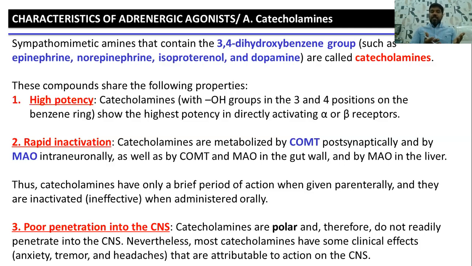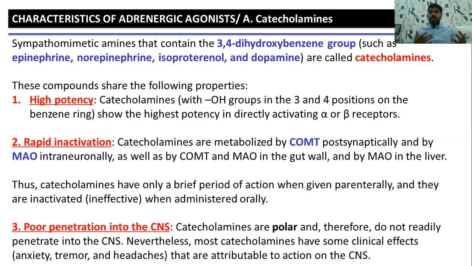Again, these medications, the catecholamines, are rapidly inactivated by specific enzymes such as COMT, which is catechol-O-methyltransferase, and MAO, which is monoamine oxidase. And the last criterion of these medications is that they poorly penetrate the central nervous system.